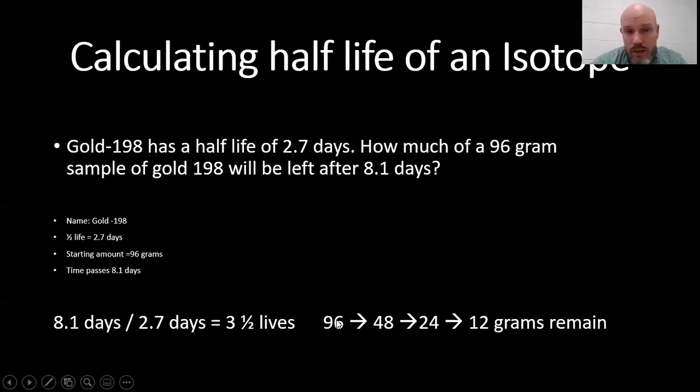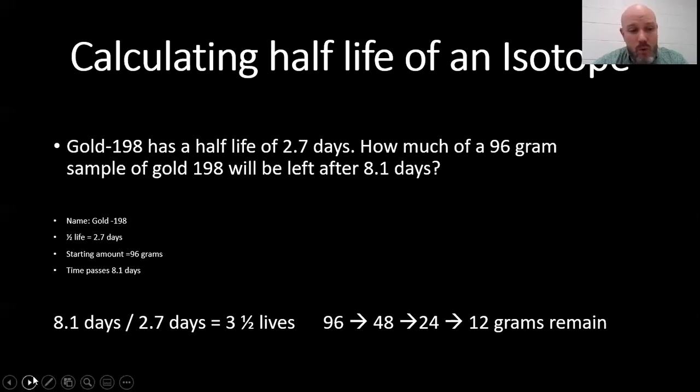You start with your 96, which is your starting amount, and you split that in half 3 times. So after the first half-life, you have 48 grams. After the second half-life, you have 24 grams. And after the third half-life, you have 12 grams that remain.